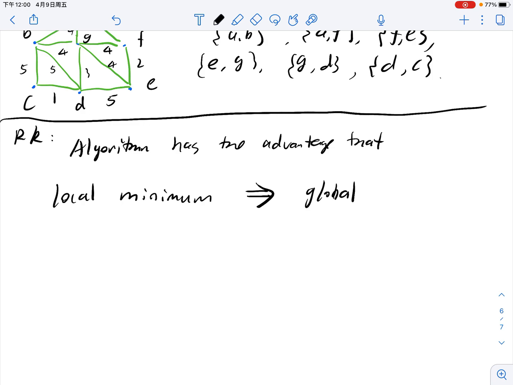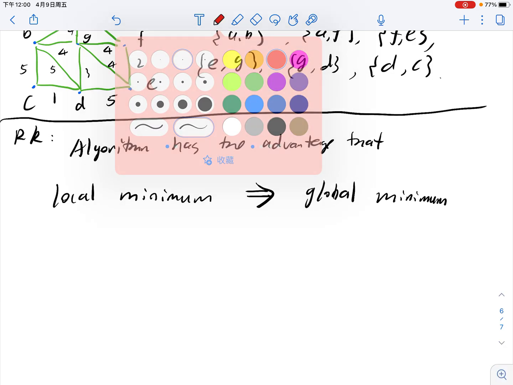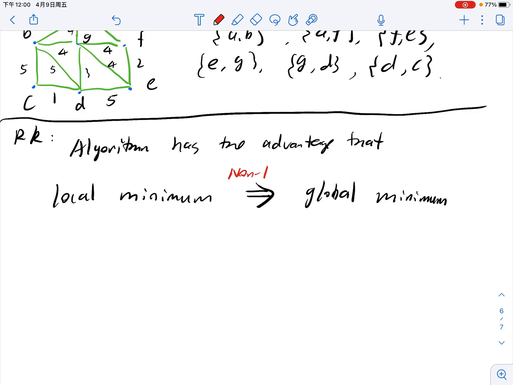We only care about one edge, which is minimum among certain properties. But finally, this gives a global minimum. This is not always true. In other words, this is non-trivial.